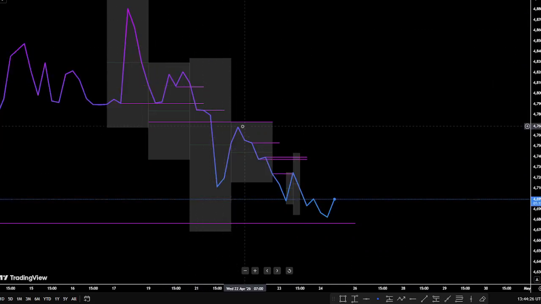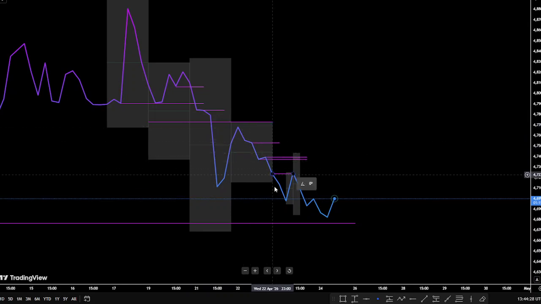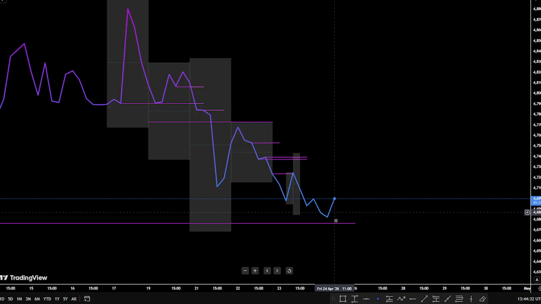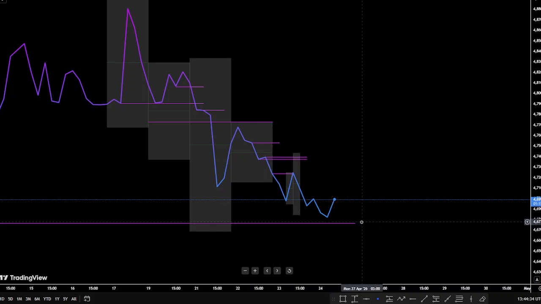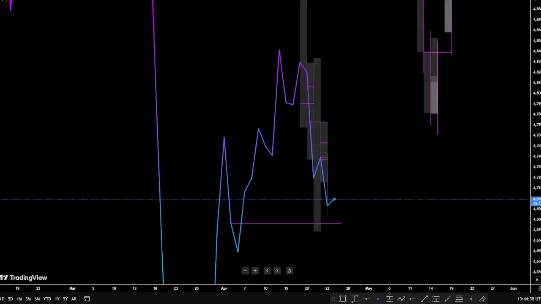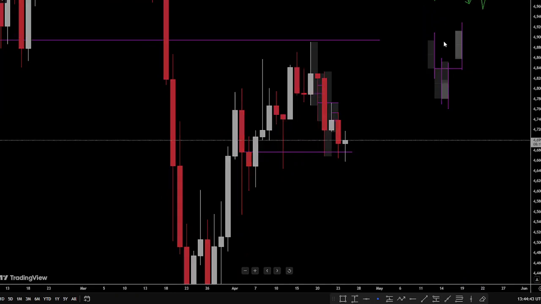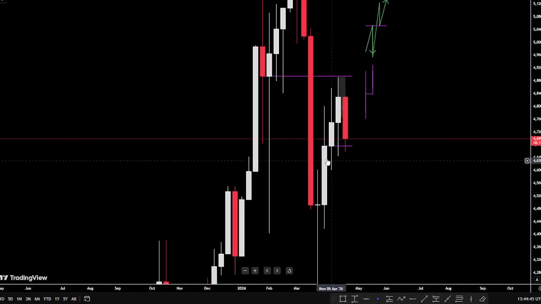For now, as you can see, we've been going down, breaking structures to the downside on the H4. Now remember where this key level is coming from. It's a weekly key level, the weekly open close.